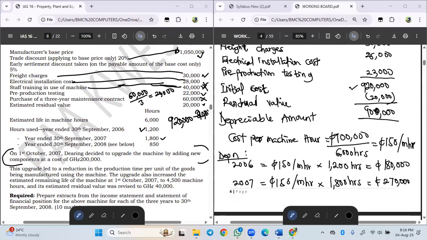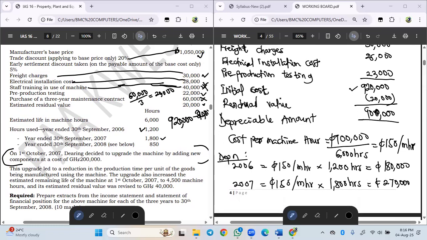Yes. So my understanding is that as of September 2007, there was an upgrade of a new component of cost 200,000.